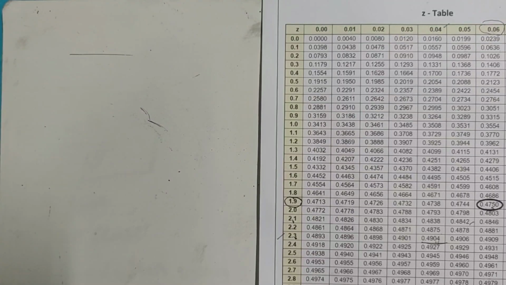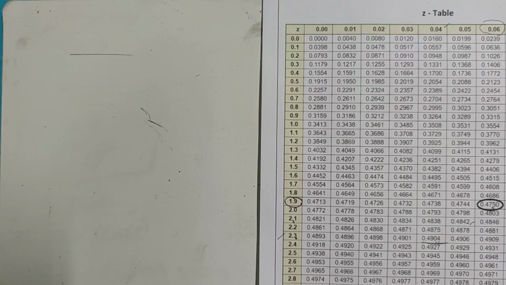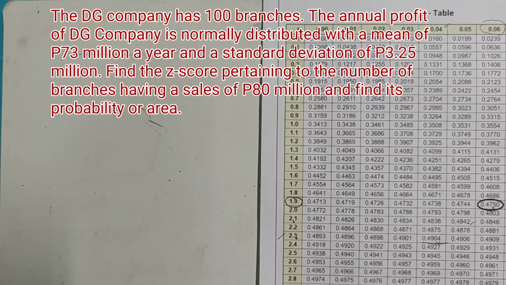Okay, so we have here another example of finding the area of a region under the normal curve. So paano kapag hindi binigay agad yung value ni z-score? So we are going to find the value of z using the formula. So we have here an example. The DG company has 100 branches nationwide.